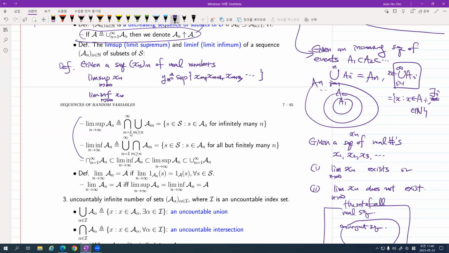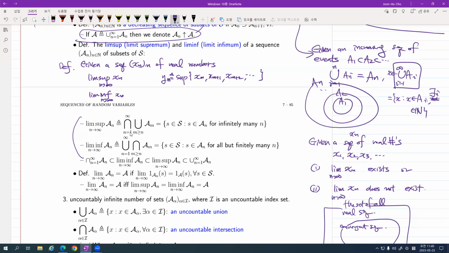So you have some number. Now you remove the first thing and consider y sub 2. It's not good. Let me go back to my previous. Okay, this would be better. So y sub 1 means the supremum of all the terms.